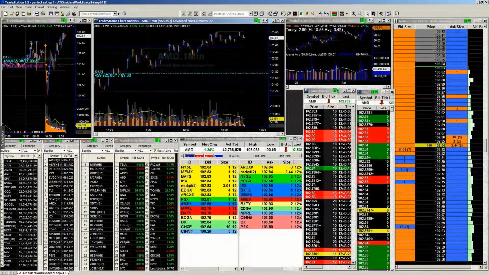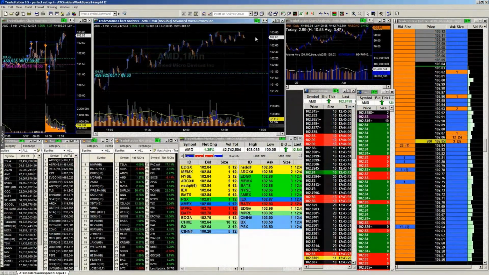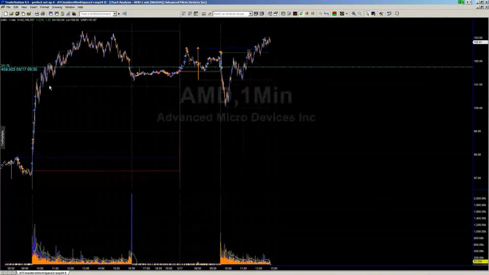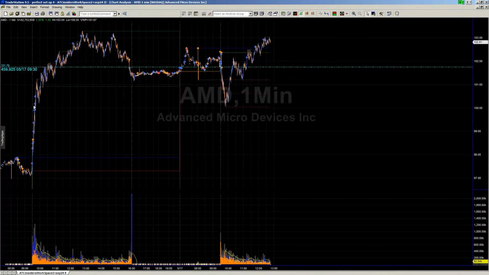All right. So yesterday in AMD, we were talking about, as we were coming up to that 100 level and up to the 101 level, we saw a spot where it just said we need to build a huge amount of shares. But they're not really allowing it to go further.